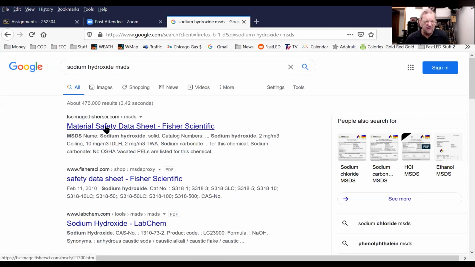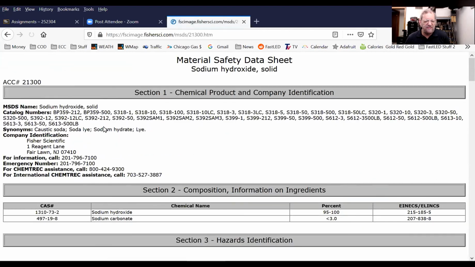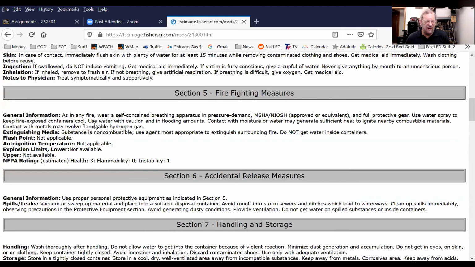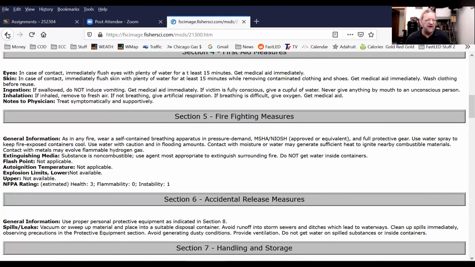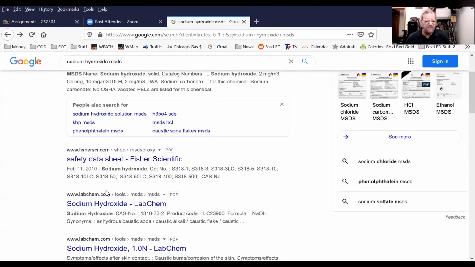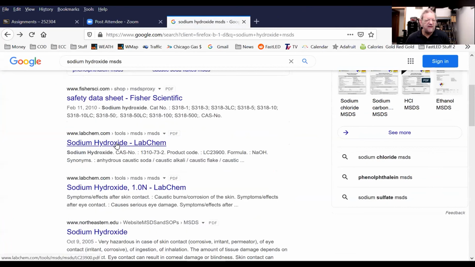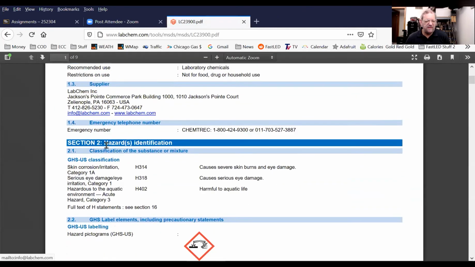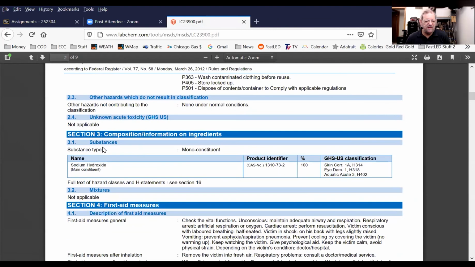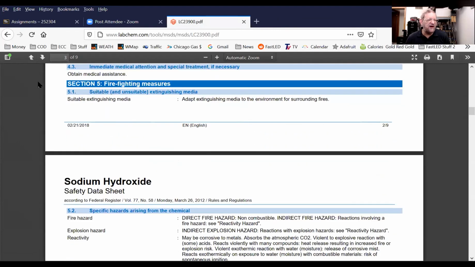If I click on this, and this is an older style one, let's see if I can find a newer style. This is still older style, but they're about the same.